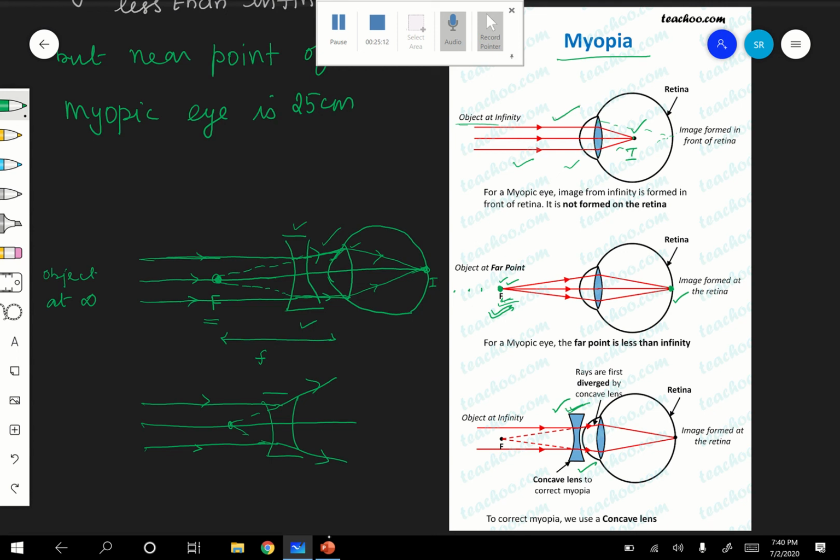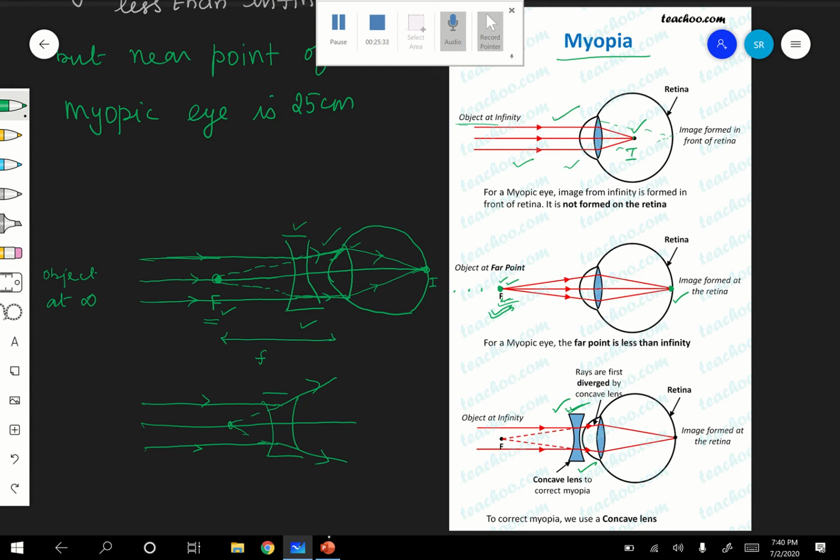refraction through the concave lens, should appear, very, very important, should appear to come from F. After refraction, you should appear to come from F. That is the far point of the defective eye. It is correct only, no?